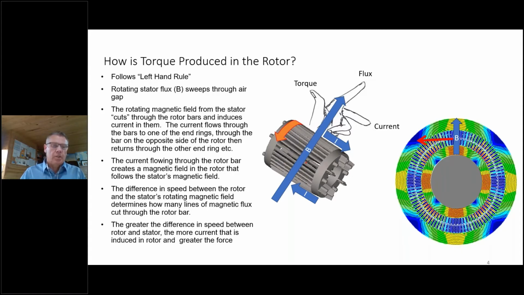The rotor is the rotating part, and the stator is the stationary part. The stator has the electrical wires that wrap around in coils, and when a voltage and current is applied, that induces a current and a field into the rotor and causes the rotor to start to turn.